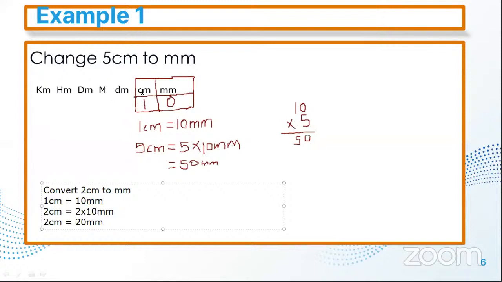So from centimeters to millimeters, 1 centimeter is equivalent to 10 millimeters. Now, if you have 5, you multiply. Therefore, if you are changing from a bigger unit to a smaller unit, you will be multiplying.